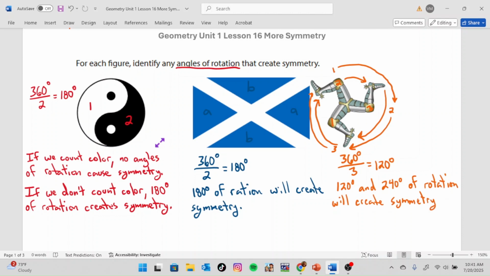Because now leg 1 goes to where leg 3 is, leg 2 comes around to where leg 1 is, and leg 3 comes around to where leg 2 is. So both of these angles of rotation will create symmetry. It doesn't matter whether it's clockwise or counterclockwise. It'll work in both directions.